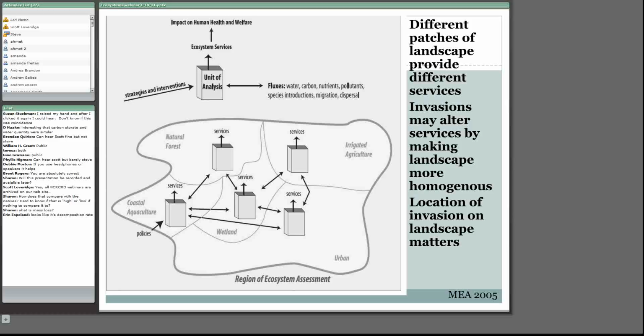So the invasions of non-native plants alter services by making the landscape more homogeneous, and therefore affecting these services and making it very important to consider the location of an invasion across the landscape.